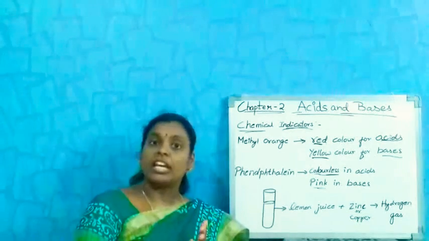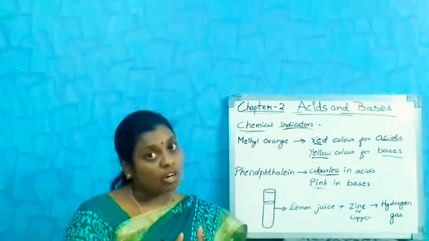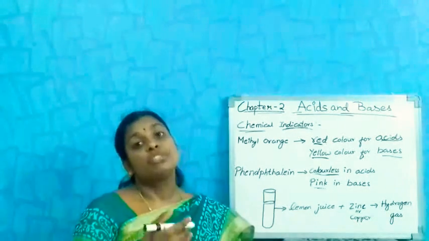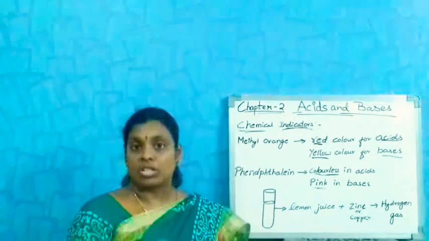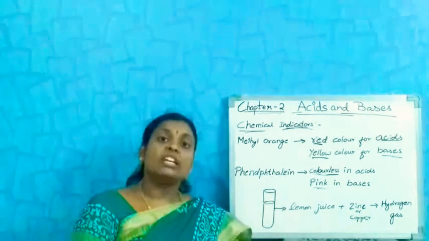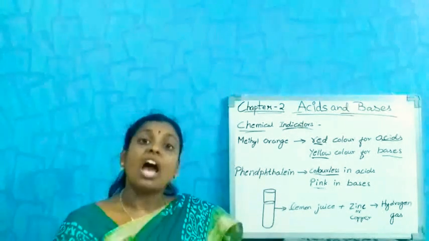When these combine with the water, they are converted into carbonic acid, sulfuric acid and nitric acid, and again come back to the earth in the form of rain, in the form of acids.